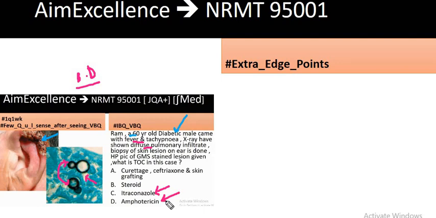So the treatment of choice in that particular case is going to be amphotericin B. Now, if the patient is having CNS findings like brain abscess or meningitis, then we have to add fluconazole, because it has better CNS penetration, brain penetration.